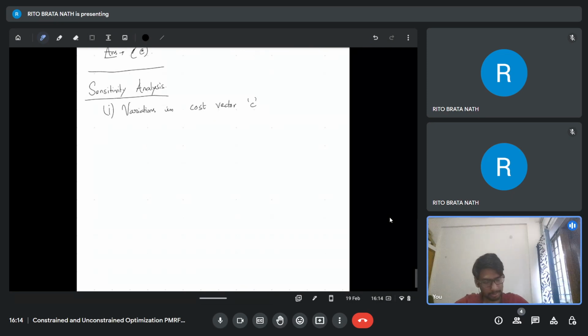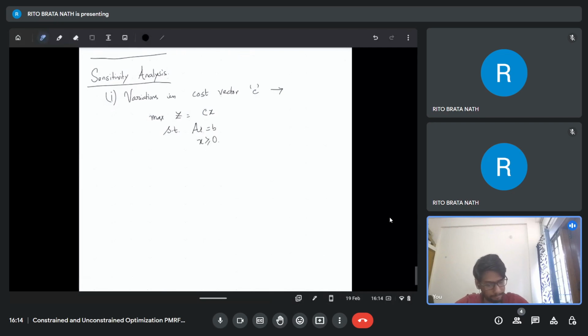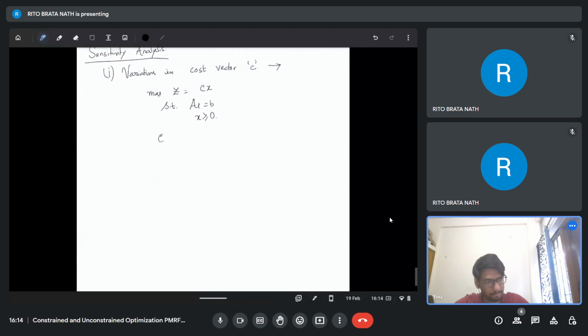Suppose max of z equals cx or c transpose x, whatever you like to write, subject to Ax equals b, x greater than equals 0, so it's in the standard form.